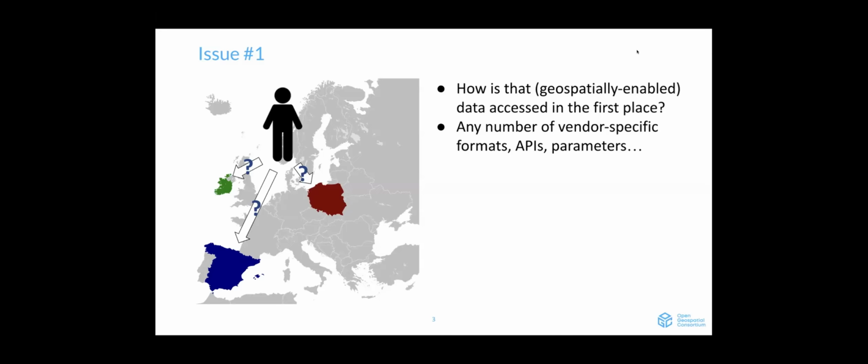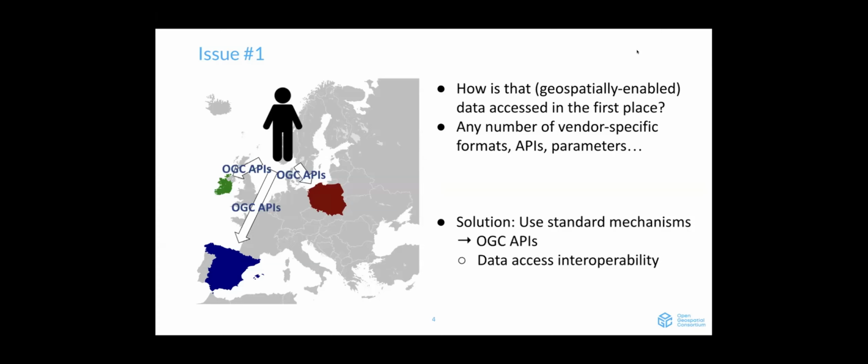We could be dealing with open standards. We could be dealing with proprietary products for serving this data. So what's, in the opinion of the OGC, the way forward for this? To use standard APIs, right? The standard access mechanisms to retrieve the data.